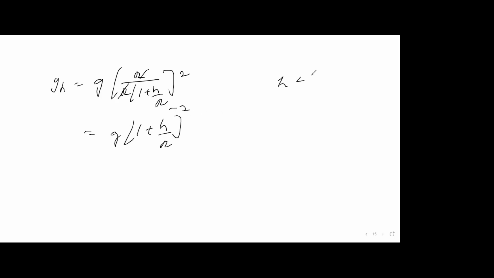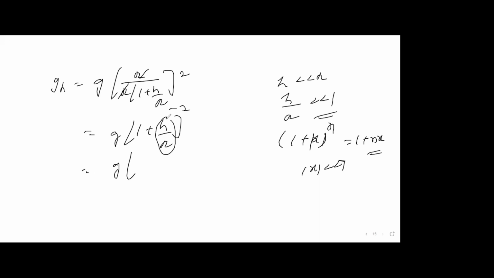Since h is very small compared to R, h by R is very much less than 1. In the binomial expansion (1 plus x) whole power n, when mod x is very much less than 1, I can use the formula 1 plus nx. Here n is minus 2 and x is h by R.